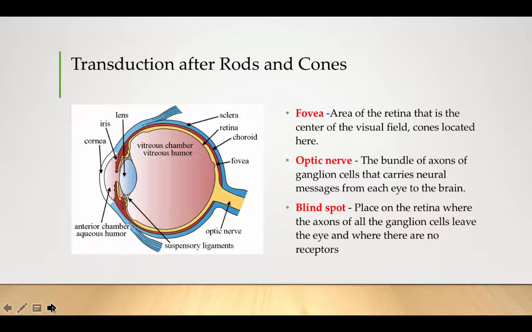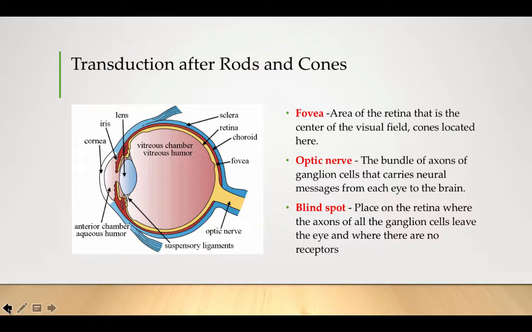Now again, a little review of the eye. You should be able to name the parts, in order, that light travels past before information gets to the retina where transduction takes place. Now remember the fovea, you need to be able to describe that, where most of our color sensitive cells are located. Those are called cones.